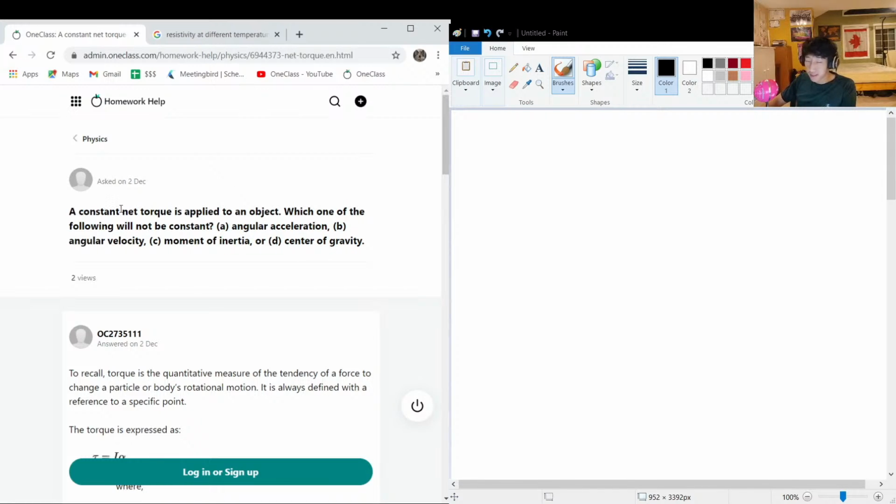But first, let's rewind for a second and let's unpack some of the first couple of words of this question. So a constant net torque. What is a net torque?